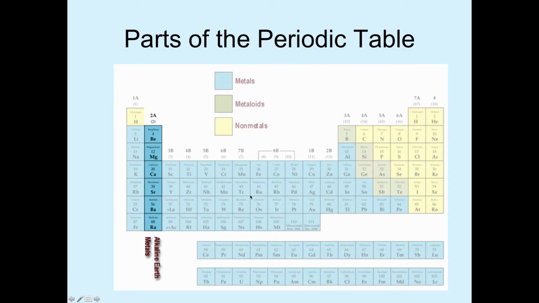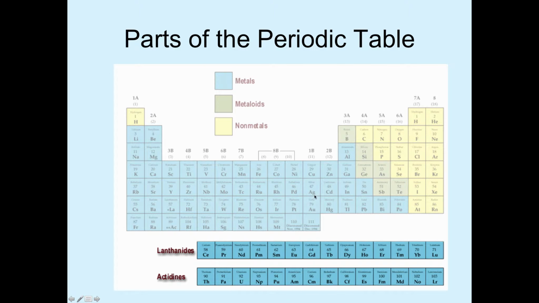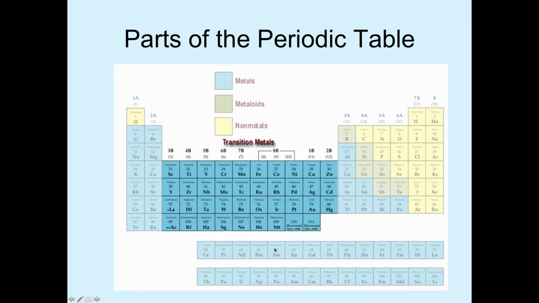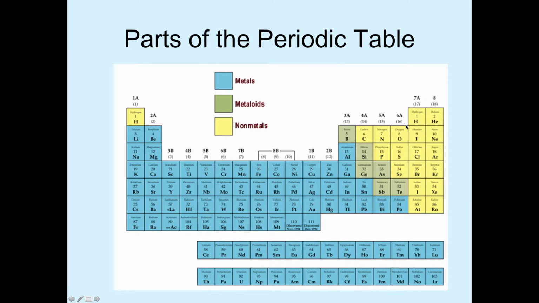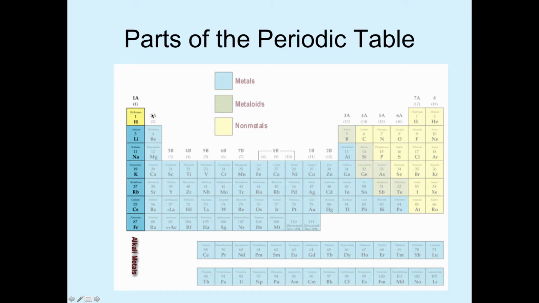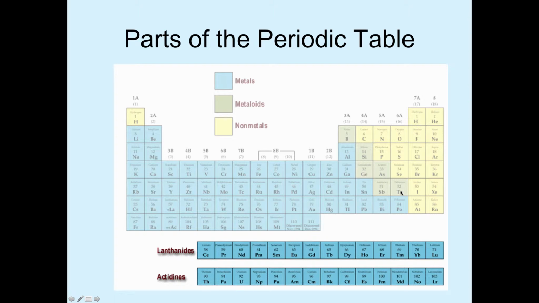Parts of the periodic table. We can see here these blue elements in here. These are all metals. These down here are metals as well. Over here, the yellow and the hydrogen from over here, those are all nonmetals. These guys right here are what we call metalloids.